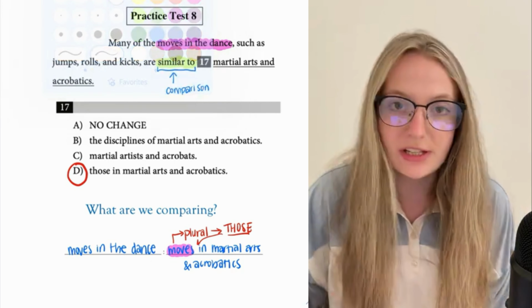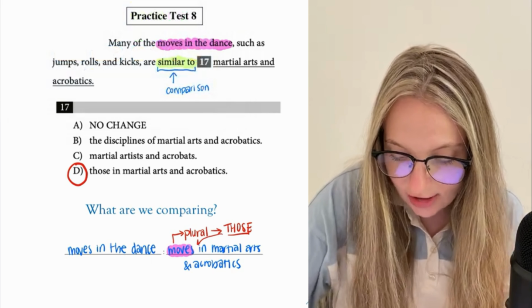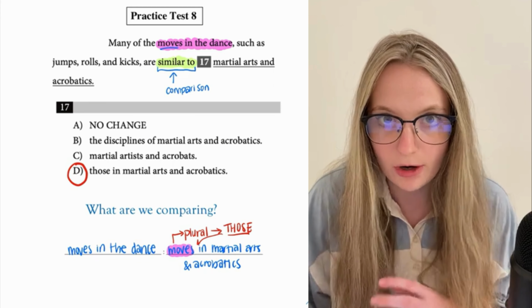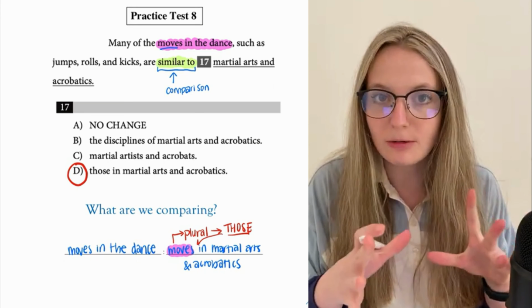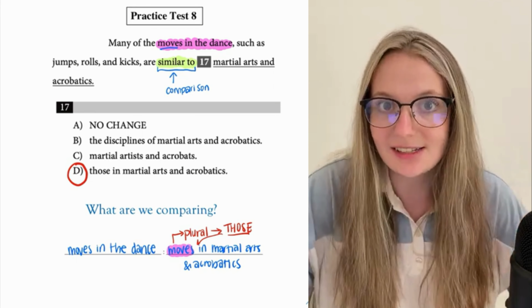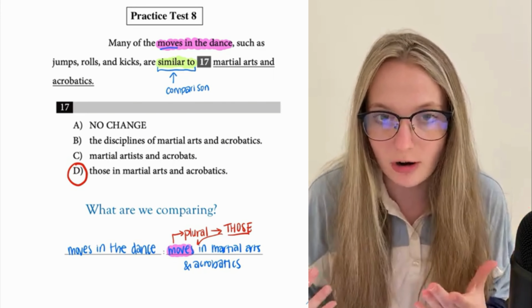However, let's just briefly touch on why A, B, and C are incorrect. So A is comparing the moves in the dance to the actual sport of martial arts and acrobatics. You can't compare a small part of one thing, which is the moves in the dance, not dance itself as a genre, to the actual genre or sport of martial arts and acrobatics.